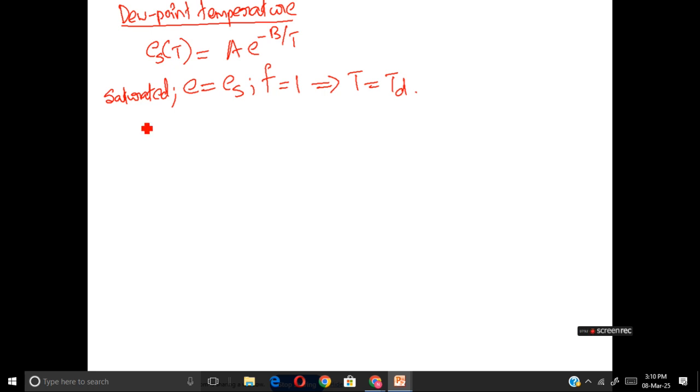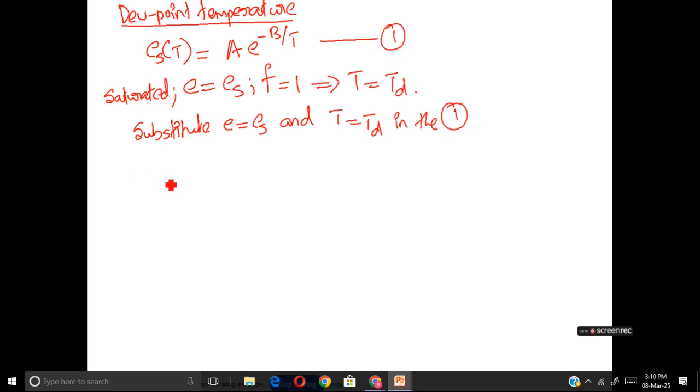So if we substitute E is equal to Es and T is equal to TD in the above equation, or let us say equation number 1, in equation 1, it will become Es is equal to A raised to minus B by TD.